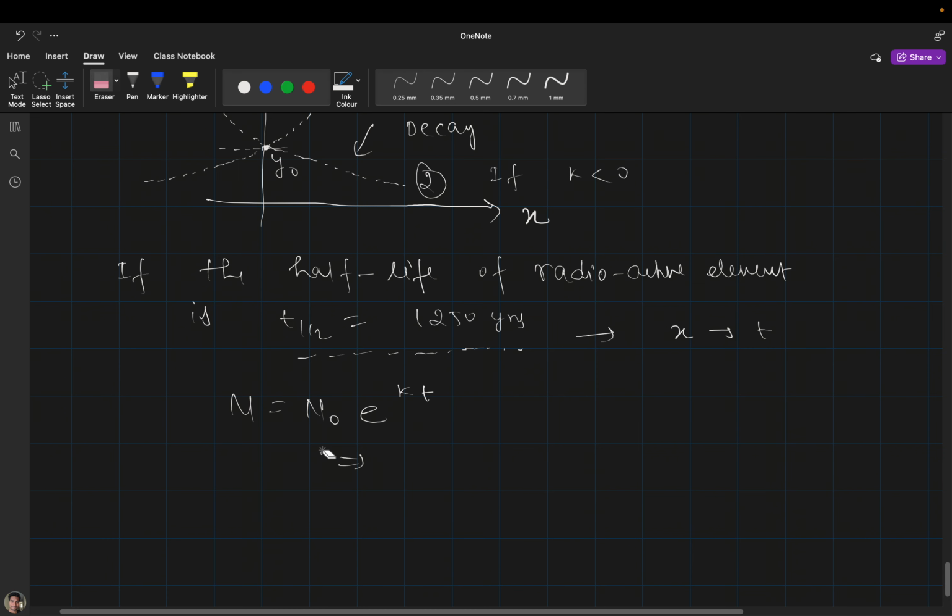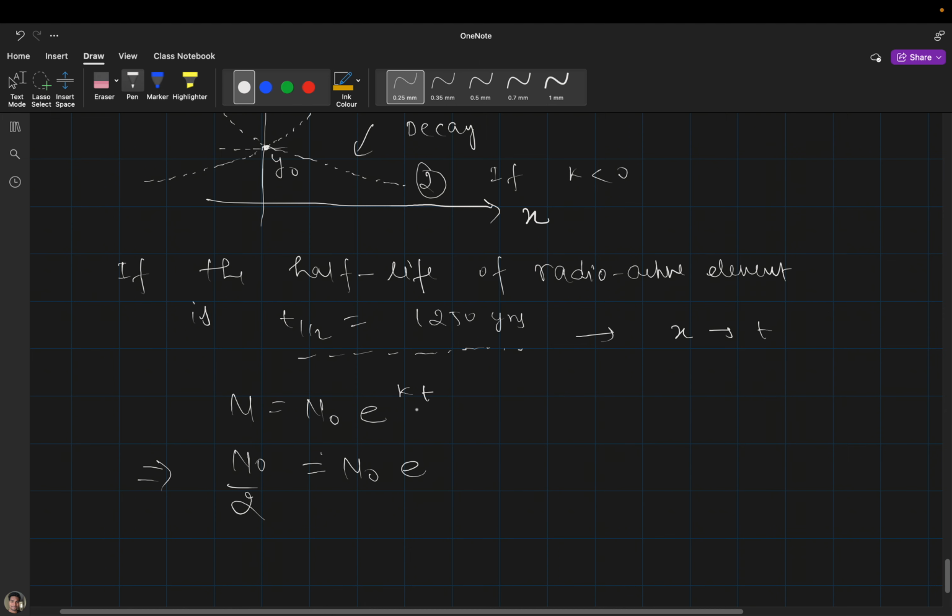It is saying the half life of the radioactive element is 1250 years. Now what you will do is, N will become N naught by 2. N is N naught by 2, where N naught is the initial constant.